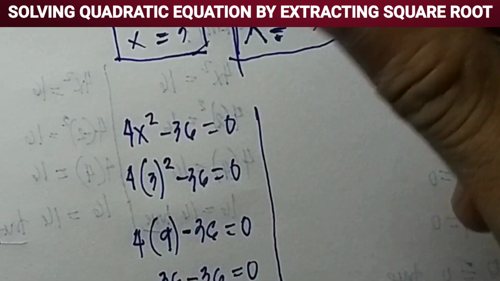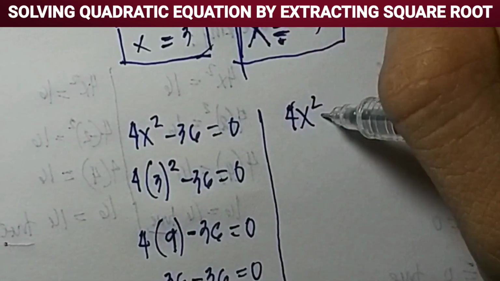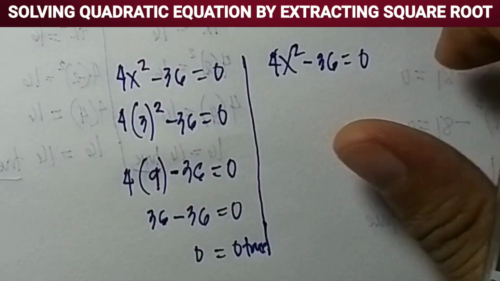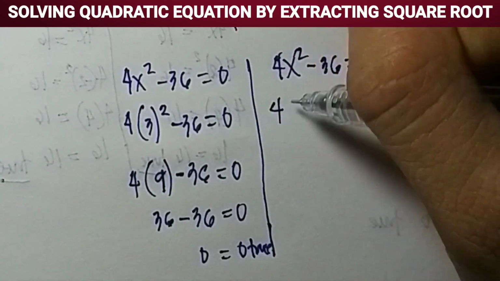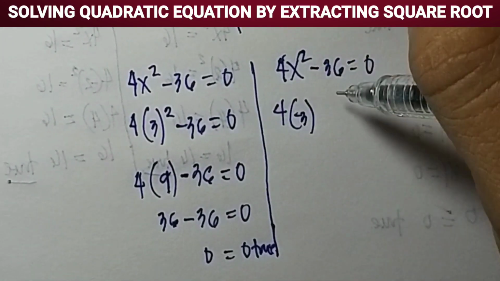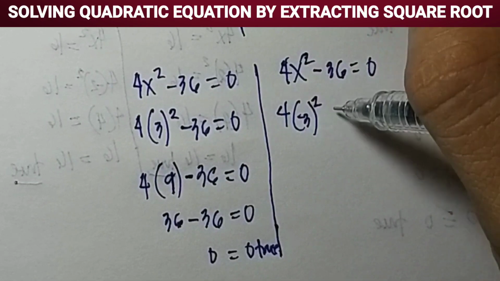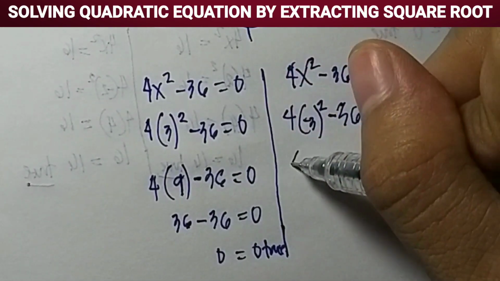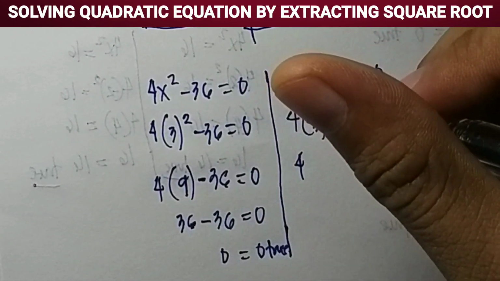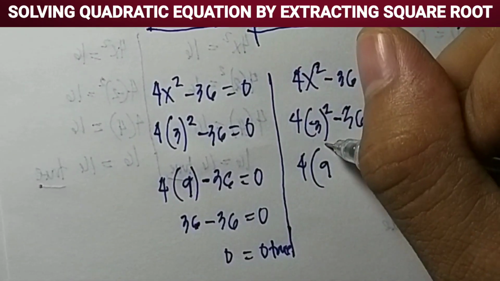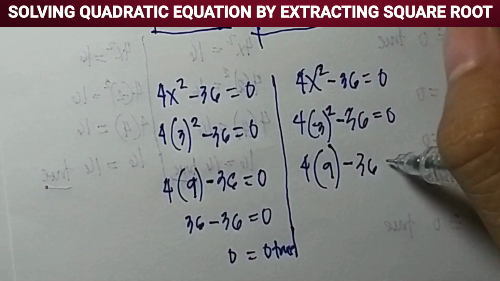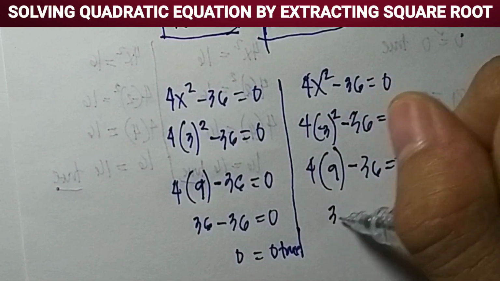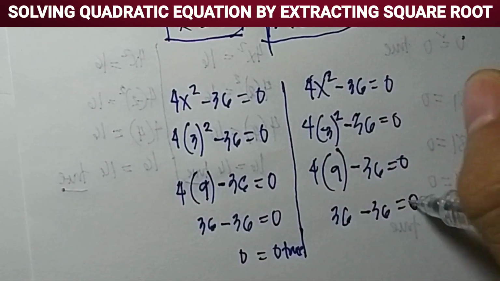Dirita sa negative 3. We have 4x squared minus 36 equals 0. So our x is negative 3. Nya squared dayon, minus 36 equals 0. Mag-una ta sa exponent: negative 3 times negative 3, that is positive 9, minus 36 equals 0. 4 times 9, that is 36, minus 36 equals 0.